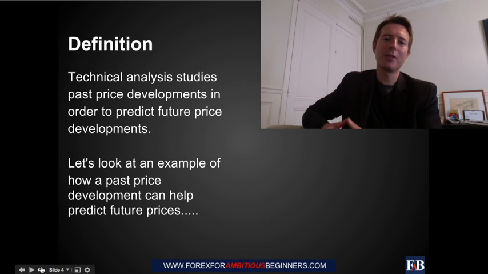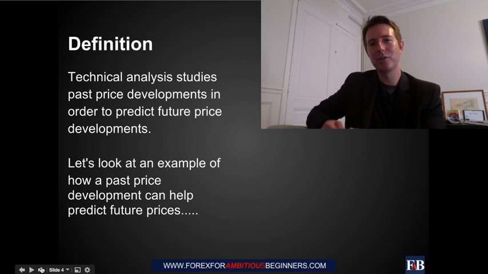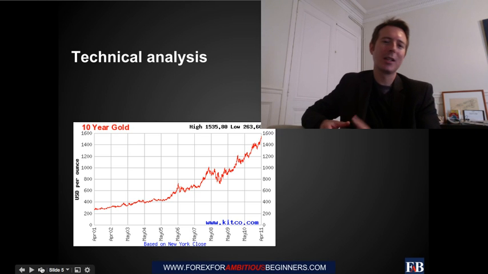Okay, so the definition of technical analysis is that it studies past price developments in order to predict future price developments. Very basic. Now let's look at an example of how a past price development can help you predict future prices. This is a chart of gold, the price of gold between 2001 and 2011.